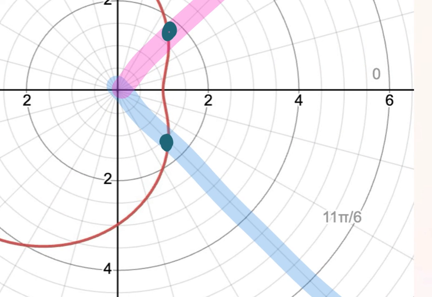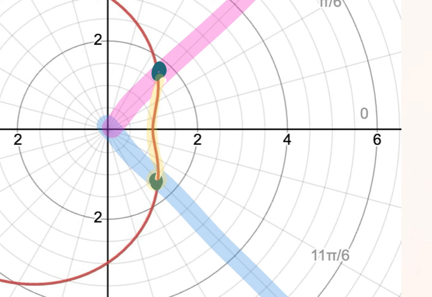Now the question is, what's the behavior of the R values as I move from one to the other? And order is important, right? As I move from negative pi over 4 to positive pi over 4, what's happening to my R values? They are decreasing and then increasing. So is there a relative max or min?